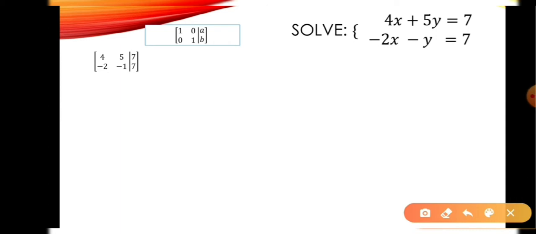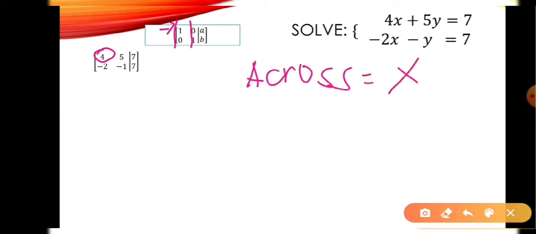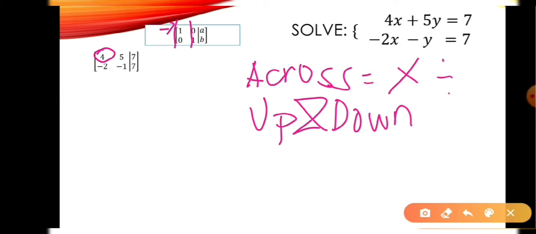Our first target is to make it number 1, so this first column first. Just to remind you, if the operations go across, it is just multiplication and division, and if you are dealing with up and down, that is addition and subtraction.